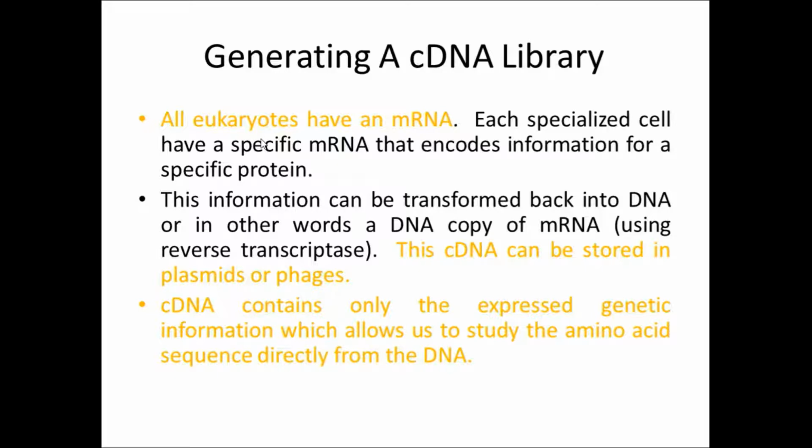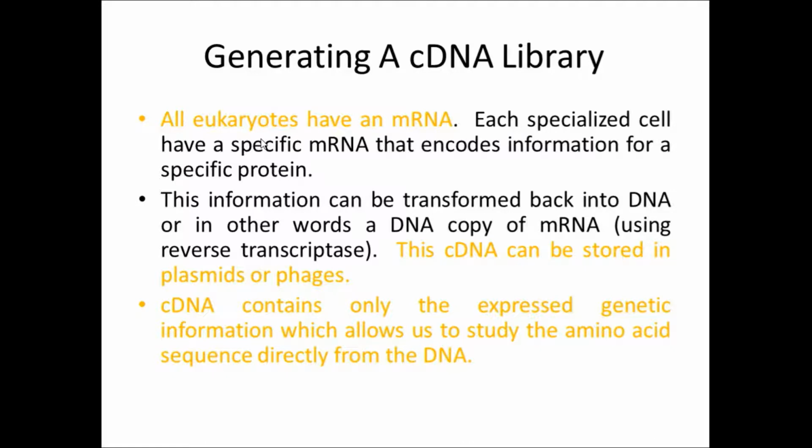Similarly, genomic libraries differ from the cDNA library. We will learn about them later. The entire genome is isolated, randomly cut by restriction enzymes, ligated to the vector, and the vector is transformed into the host cell and finally expressed.